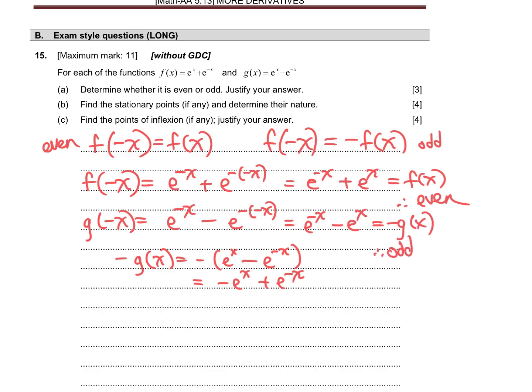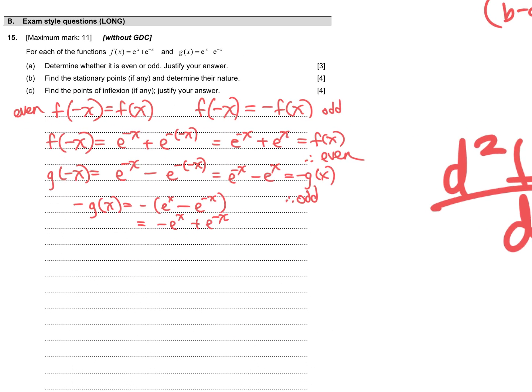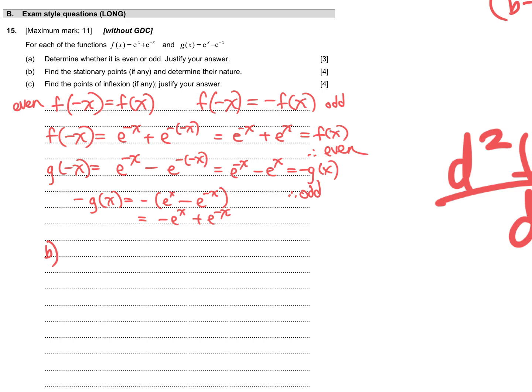Find the stationary points, if any, and determine their nature. Okay, so for b, we need f prime. So that's e to the x plus e to the negative x, chain rule. So we're going to have e to the x minus e to the negative x. If we set that equal to 0, we're going to have e to the x equals e to the negative x, which is 1 over e to the x.